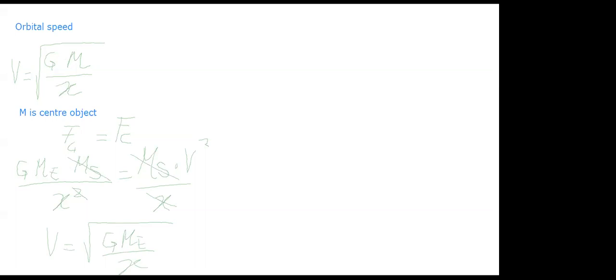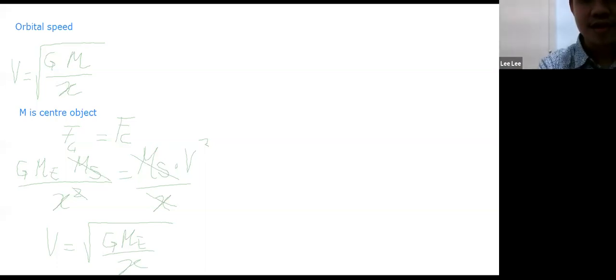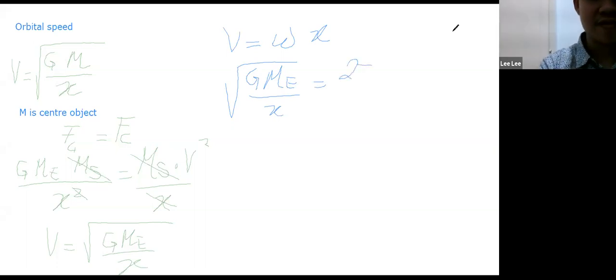Yes, sir. And then v, on the other hand, equals omega x, right? So v, just now you got, is the square root of G M over x. I'm trying to show you how to derive the period directly. So if times x I move it, it becomes divide, yeah.